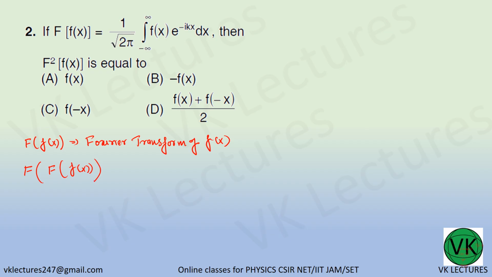So F square of f of x, twice application gives the reflection, and F square of f of x is equal to f of minus x.